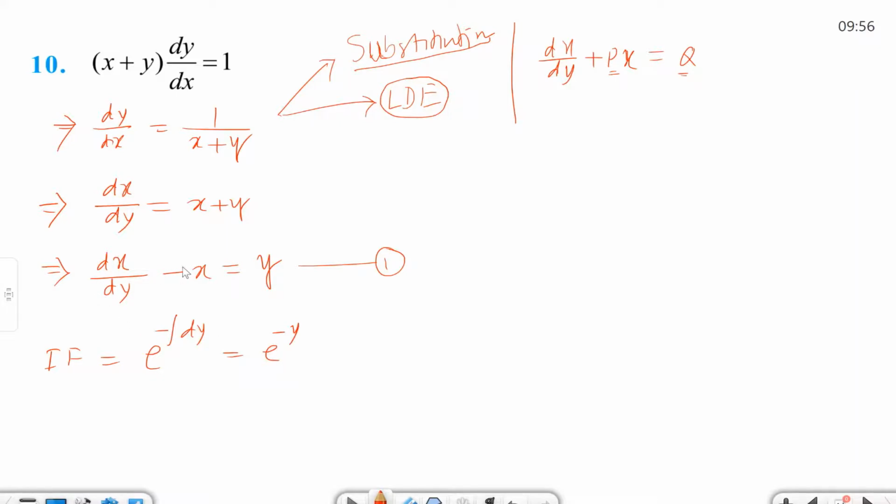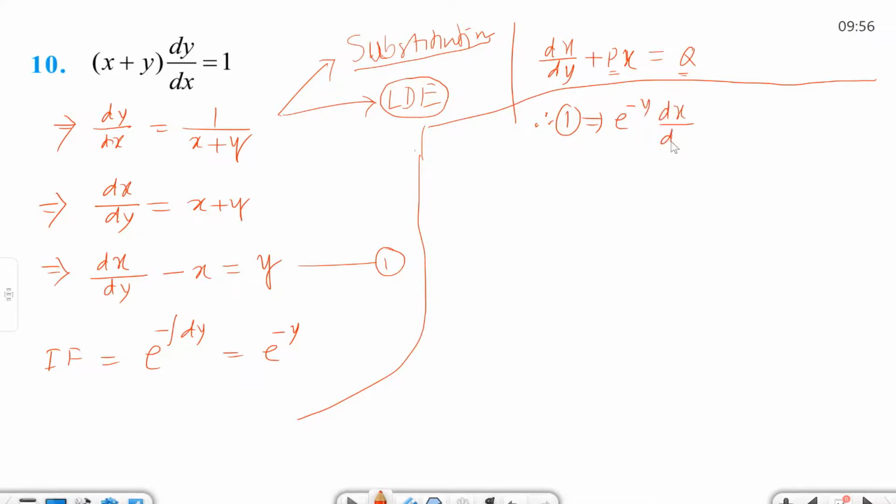Multiply the equation by this. Therefore, equation 1 implies the left-hand side becomes e to the power minus y dx/dy minus x into e to the power minus y is equal to Q into e to the power minus y, that is y into e to the power minus y.